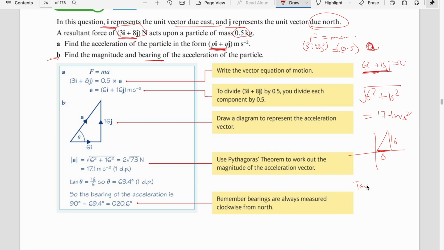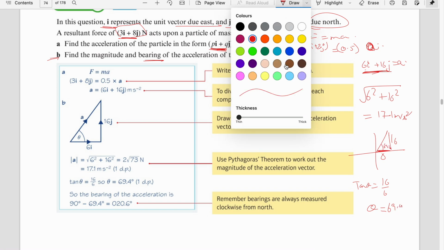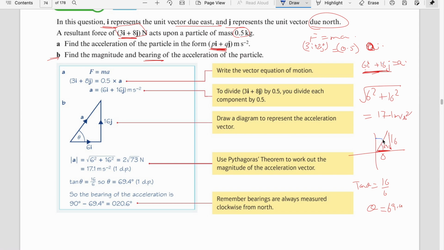We apply tan theta is equal to perpendicular over base, and theta is 69.4. This is 69.4, and for bearing, you know that we have to go clockwise. So 90 minus 69.4 is 20.6. Always give answer in 3 digits before decimal in case of bearing.